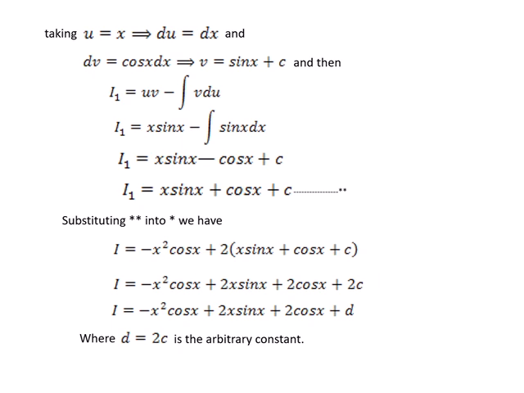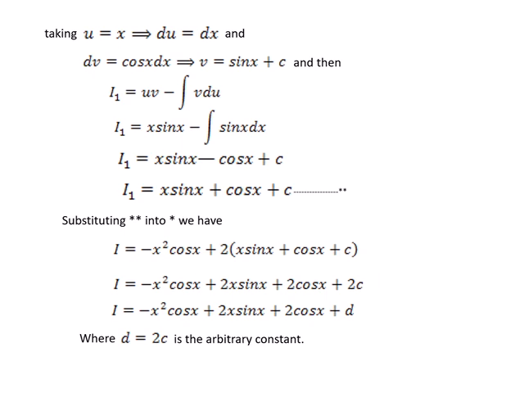Let's substitute back. I is equal to minus s squared cos s plus 2 I1. So I1 here is s sin s plus cos s plus c. So we substitute back to where we have I1.